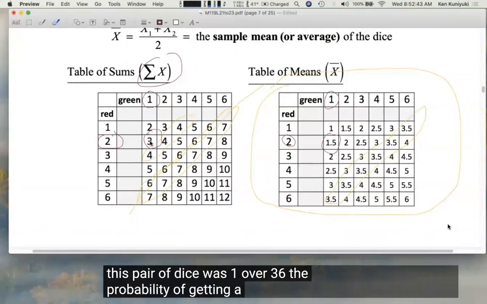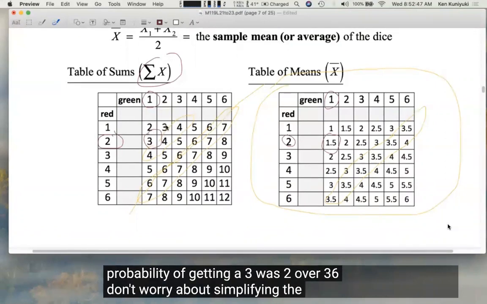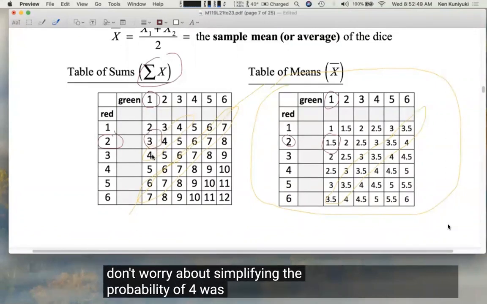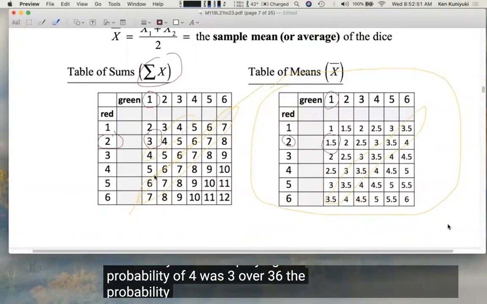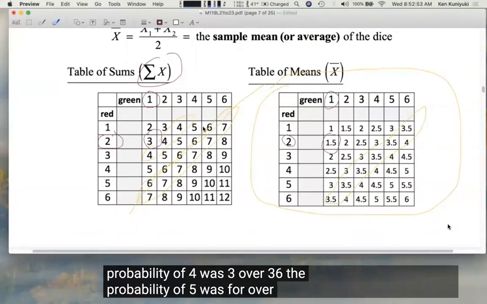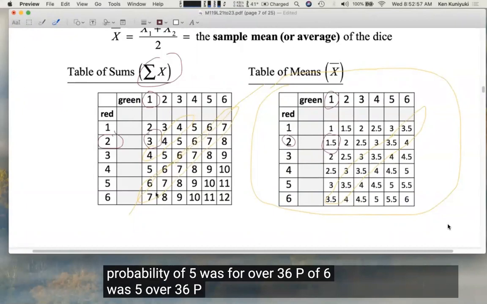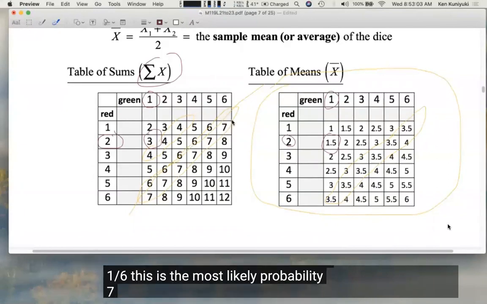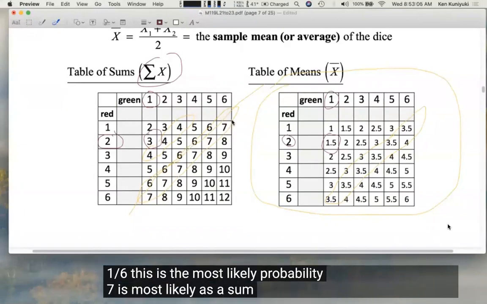The probability of getting a 3 was 2 over 36. Don't worry about simplifying. The probability of 4 was 3 over 36. The probability of 5 was 4 over 36. P of 6 was 5 over 36. P of 7 was 6 over 36, or 1/6. This is the most likely probability. 7 is most likely as a sum.